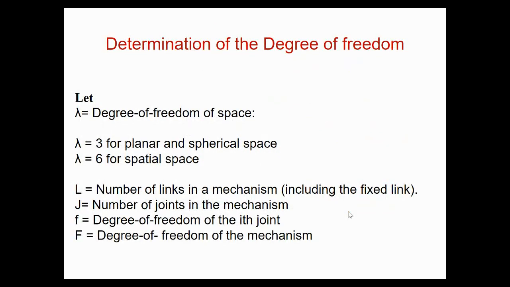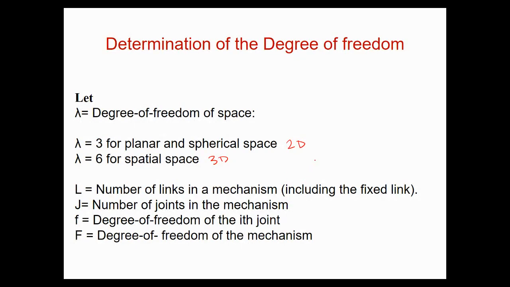Okay. So I think we are approaching. Let's see how we can go on. We will say that the degree of freedom of space is lambda equal to 3 for two-dimensional space, or lambda is equal to 6 for three-dimensional space.